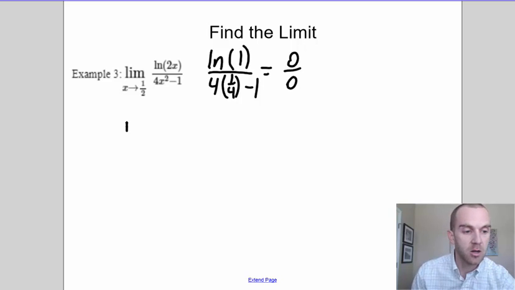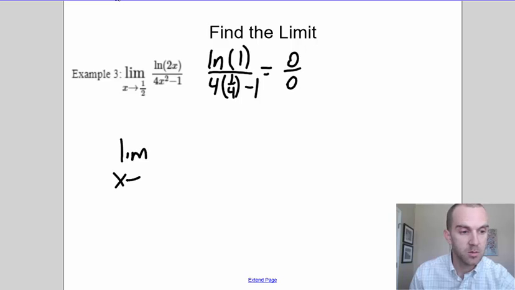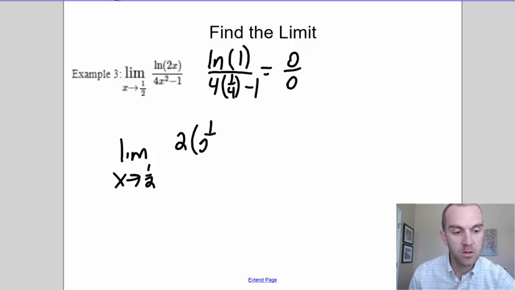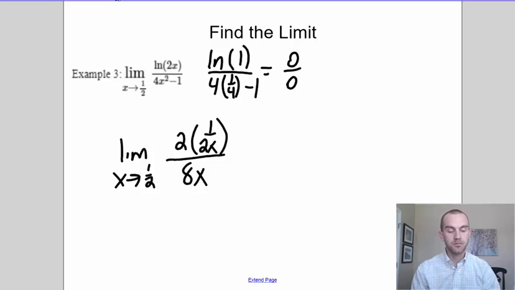So let's take our derivative of each of these functions. So we have the limit as x approaches 1/2. So the natural log of 2x, that would be 2 times 1 over 2x. That would be its derivative. And then 4x squared would be 8x.